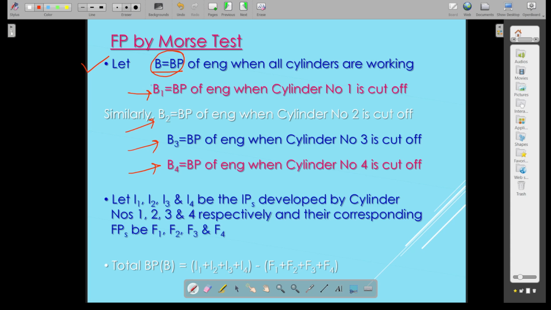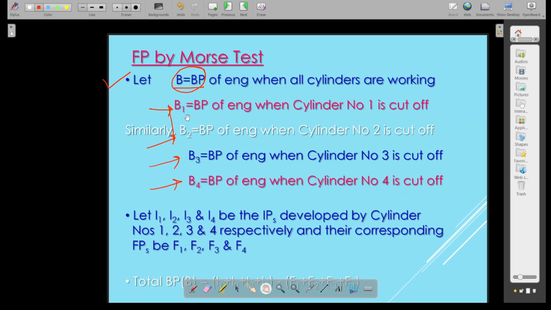So when we are adding this B1, B2, B3, if I want to find out IP1 निकालने का है. सो देखो पहले मैंने क्या किया, ब्रेक पावर ऑफ इंजन व्हेन ऑल सिलेंडर्स वर्किंग, B. दिस इज B1 मींस पहला सिलेंडर कट किया, तो मुझे इसमें से क्या मिलेगा, मुझे मिलेगा IP1.